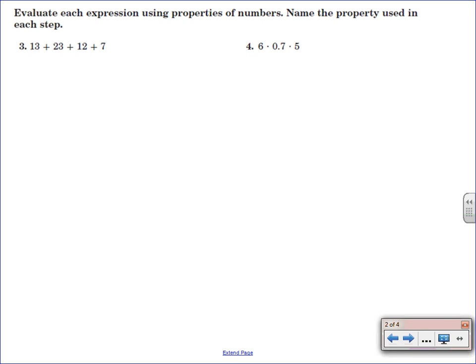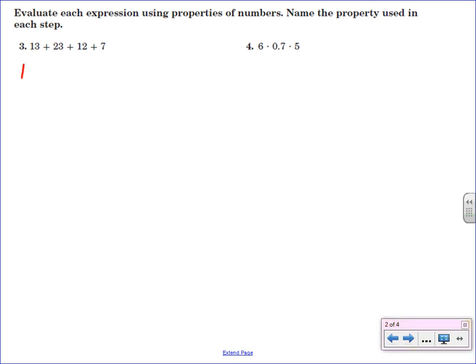So when I look at something like this, I see 13, 23, 12, and 7. When I see a 3, I want it to end up adding with a 7 because that'll add nice and neat. So I could either do the 13 with the 7 or the 23 with the 7. It doesn't matter. Since 13's first, I'm going to put the 13 and the 7 together.